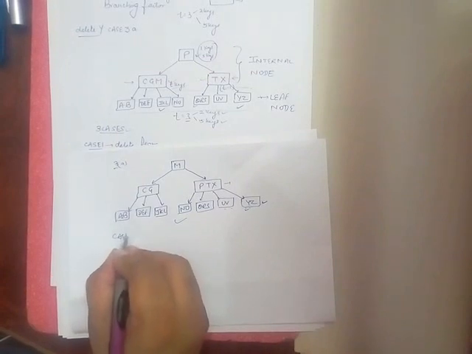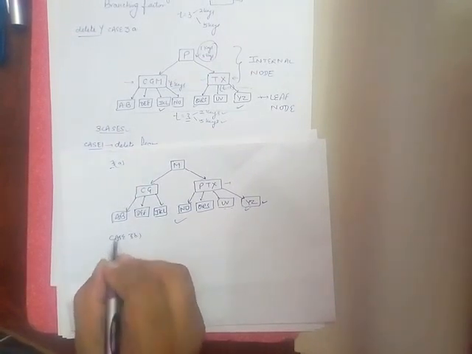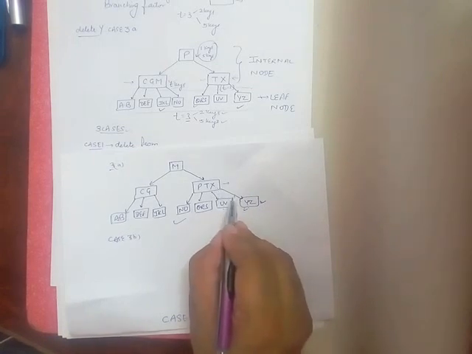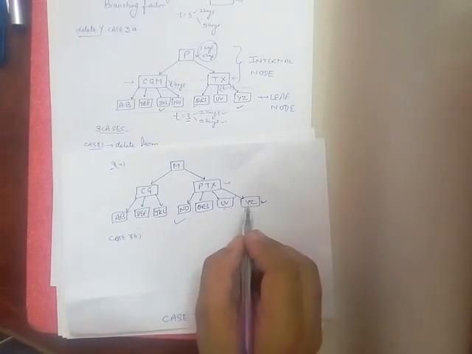Then case 3B will be applied. In 3B, we merge these two nodes and bring X downward, and in the same step, as the deletion is from a leaf node, we can directly delete Y from it.